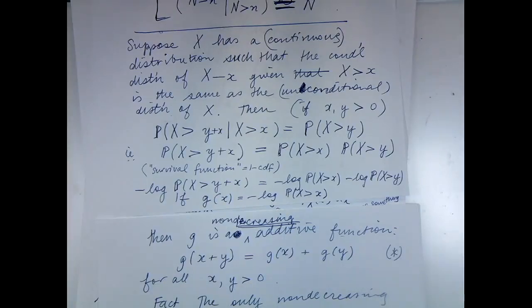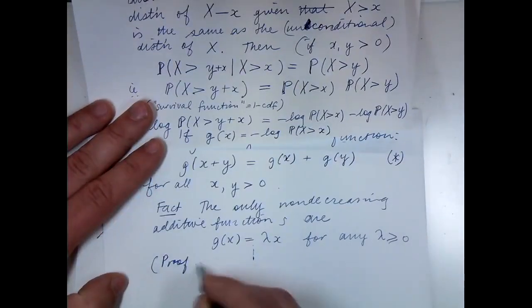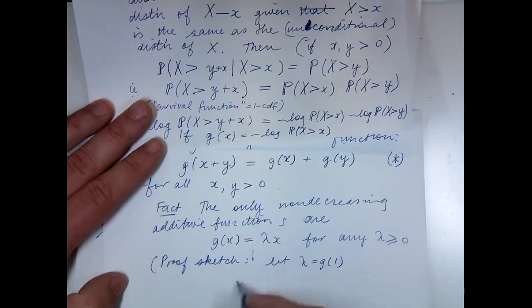Now, let's not go into the proof fully, but this can be done relatively easily. Of course, you would let lambda be g of 1. Using addition, you get g of n equals lambda n for integers n.